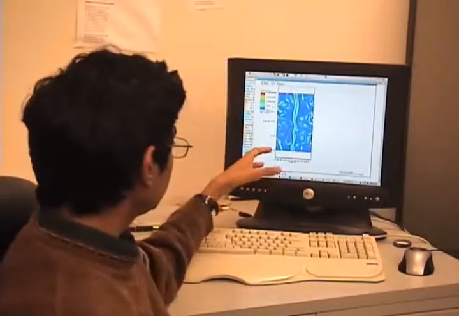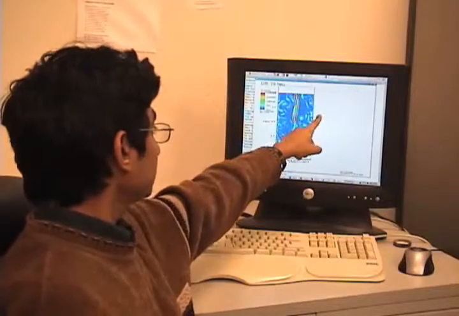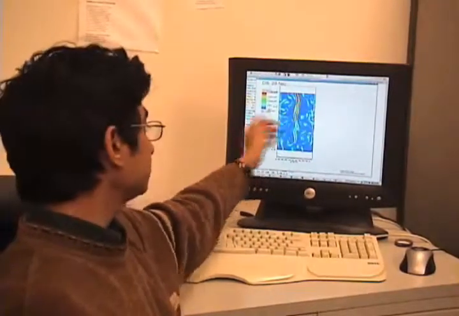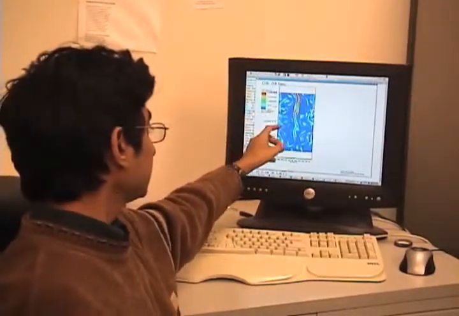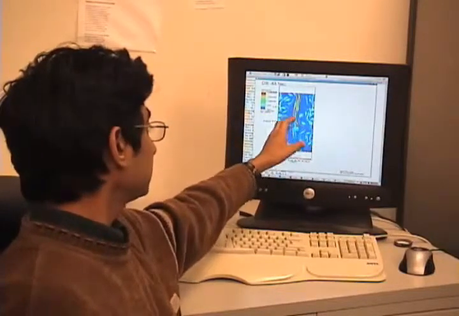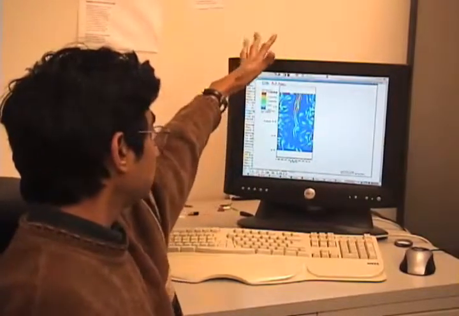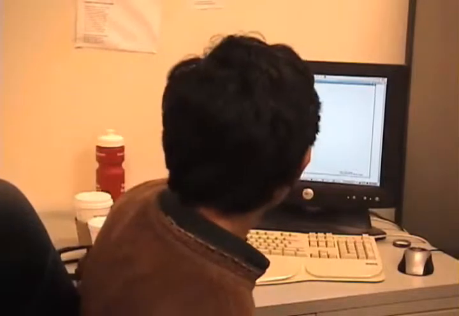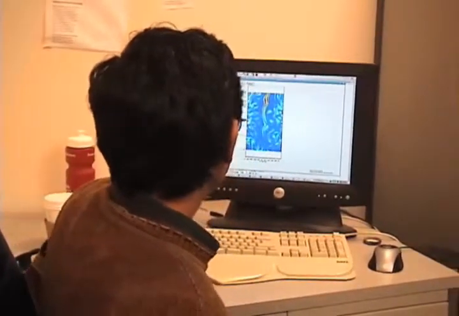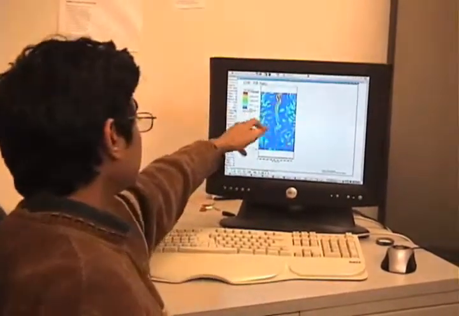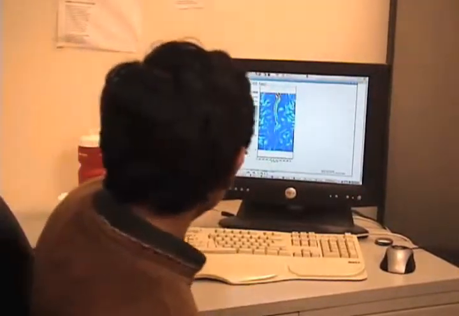And you see them moving in. So these are what we call eddies. They're being convected into the domain, and they mix, and they move out in this direction. And, yeah, these are transient events again.